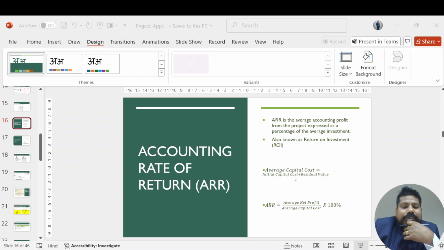Opportunity cost means you are losing an opportunity, let's say you're losing an opportunity to serve someone else. This is known as opportunity cost. Perhaps you have lent your money to person A, and the rate of interest you are getting is, let's say, 11%.